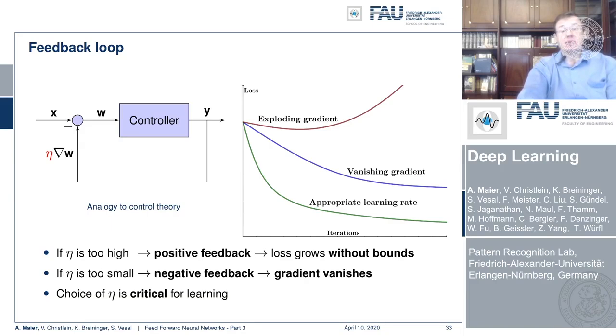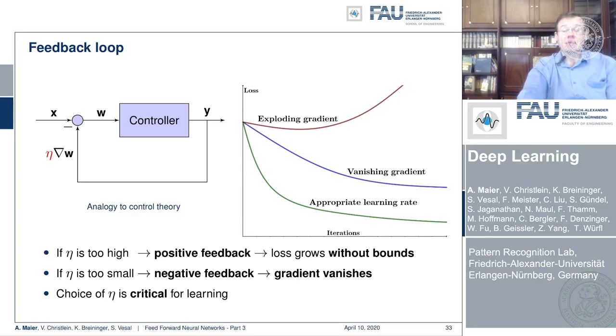What can also happen is if you pick eta too small, then you end up with the blue curve here that is called the vanishing gradient, where we just have too small steps and we don't get into a good convergence. So there's no reduction of loss. This is also a problem, vanishing gradients.